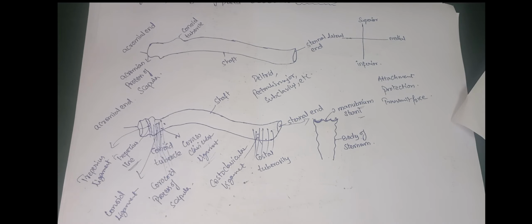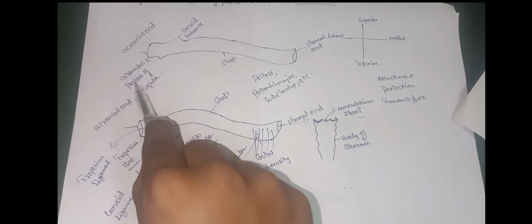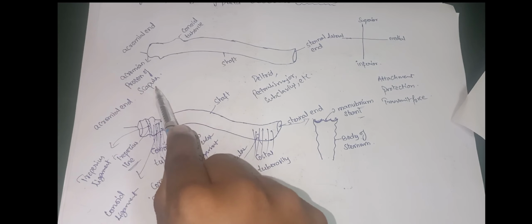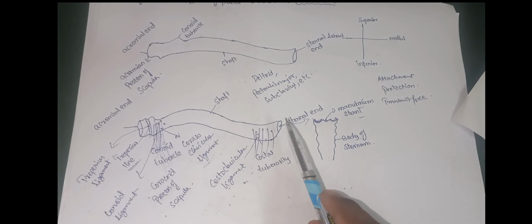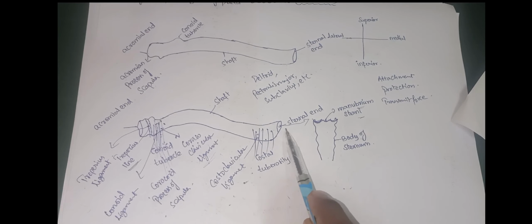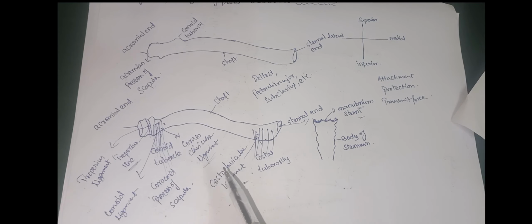The lateral end of the clavicle gets attached to the acromion process of the scapula, as we can see here. The medial end gets attached to the sternal end of the sternum.